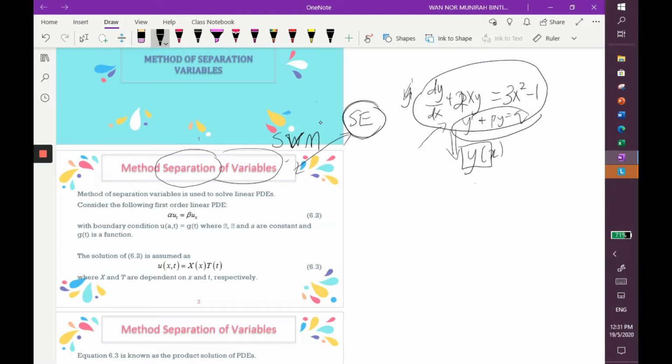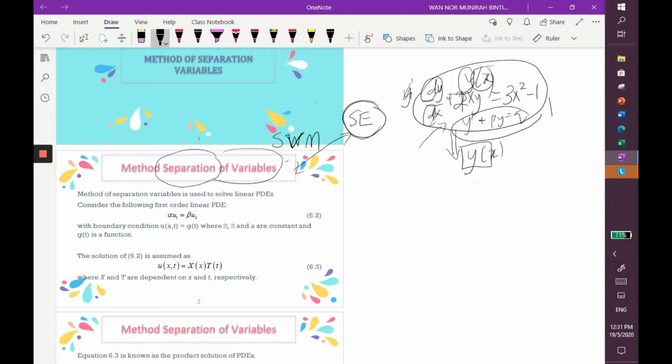Notice that you have dy dx, where y is your dependent variable and x is your independent variable. What I want to tell you is you have one independent variable only. But SVM is used to solve partial differential equations.